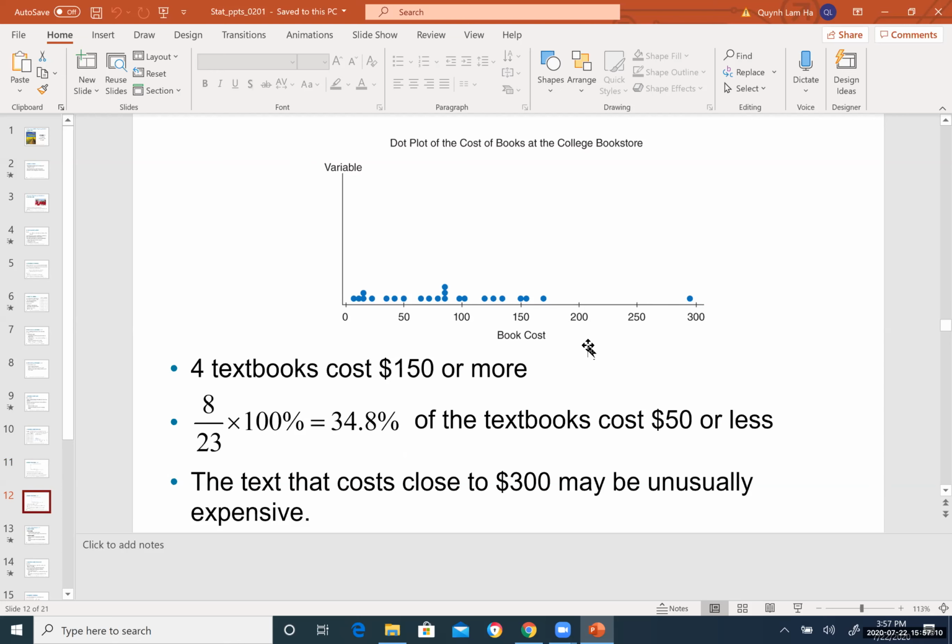So here is the solution. We got 4 textbooks costing 150 or more, and 8 divided by 23 times 100% is roughly 34.8% costing $50 or less. And the textbook that costs close to 300 is considered unusual.